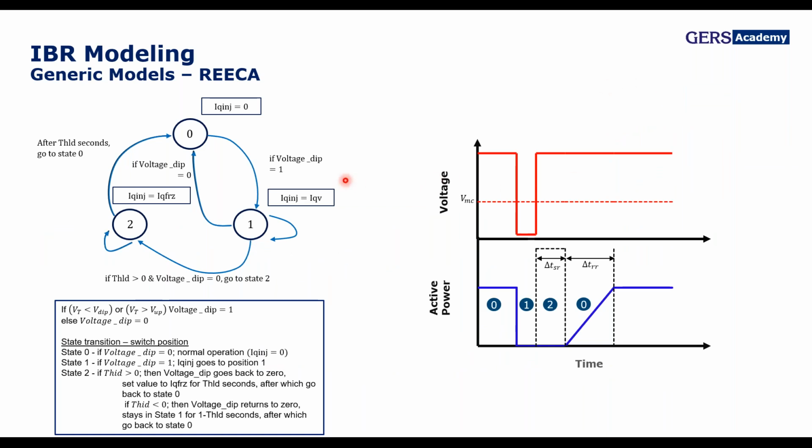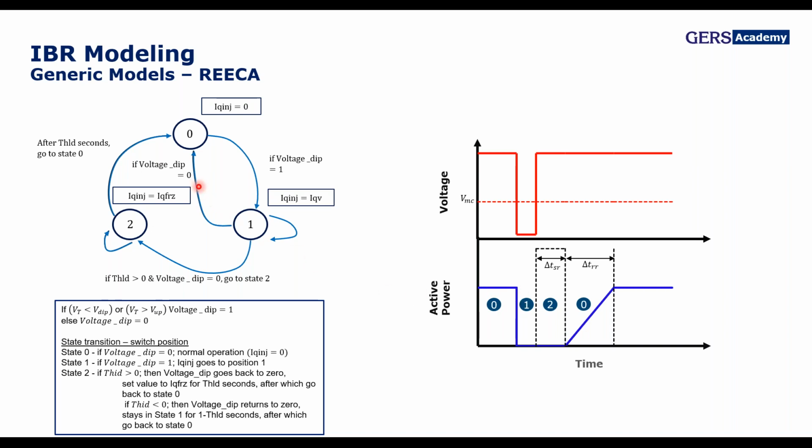Just to show this kind of response, I created this picture in which you can see under voltage here after a fault, and you have an active current response, for example, here.